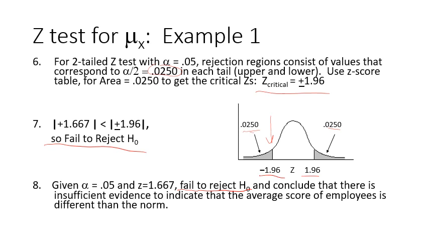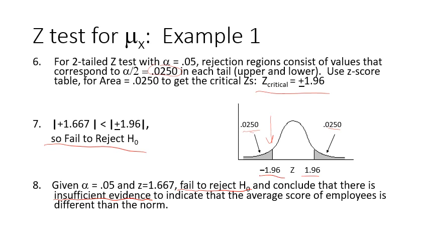There's specific verbiage we would have used if we'd rejected, but since the average score of employees is not shown to be different than the norm, we cannot say that. Instead, when we fail to reject, these are two important words you use: insufficient evidence. In a sense, when you're failing to reject, you're saying there's insufficient evidence to indicate that our alternative hypothesis is supported or that our alternative hypothesis is true.